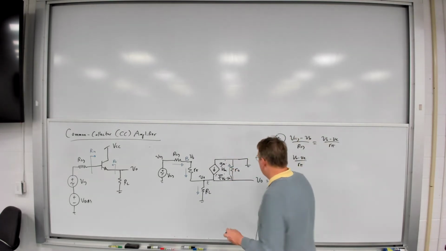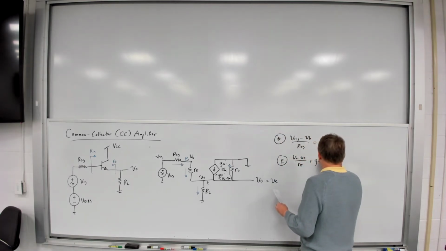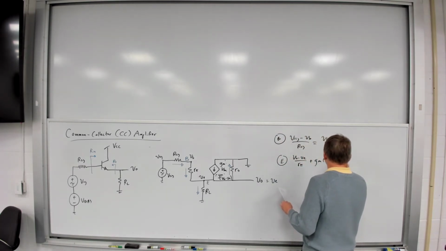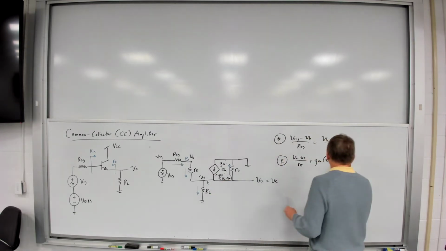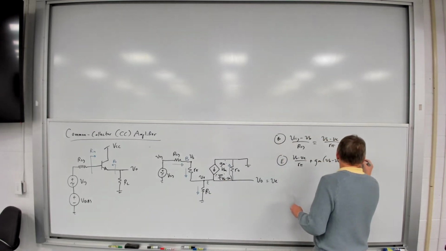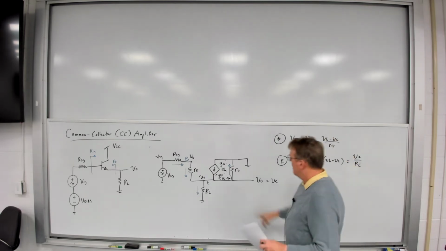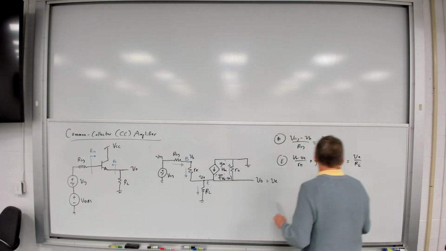Plus GM VB minus VE is equal to VE over RL plus VE over RO.